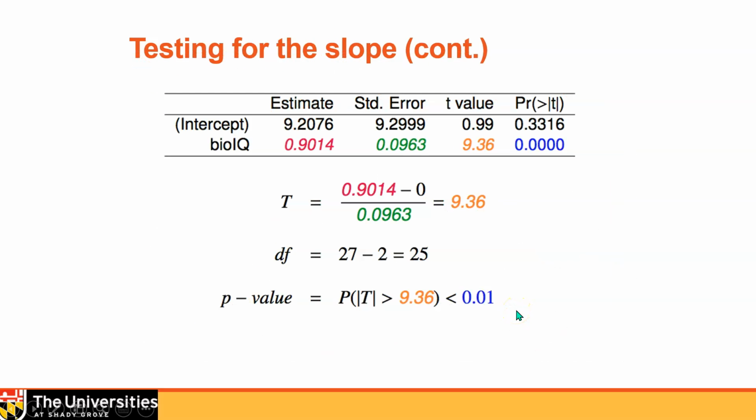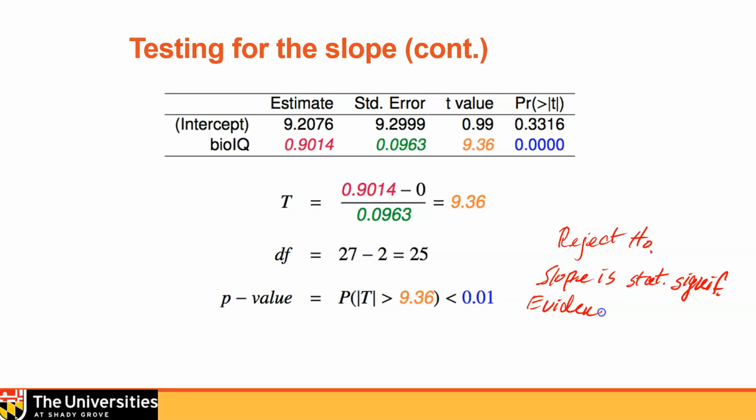So that means that we are going to reject H sub 0, that the slope is statistically significant, and therefore we have evidence for a linear relationship between the bio IQ and the foster IQ.